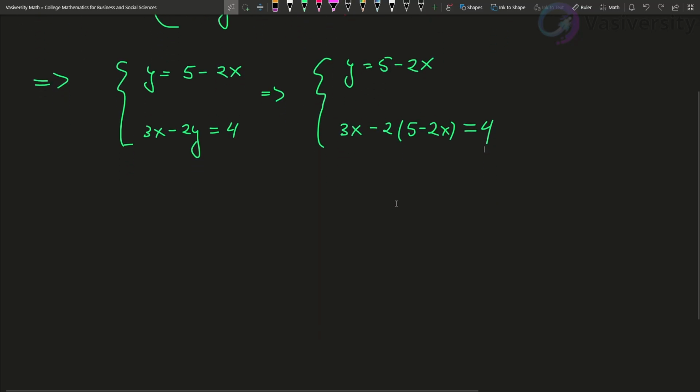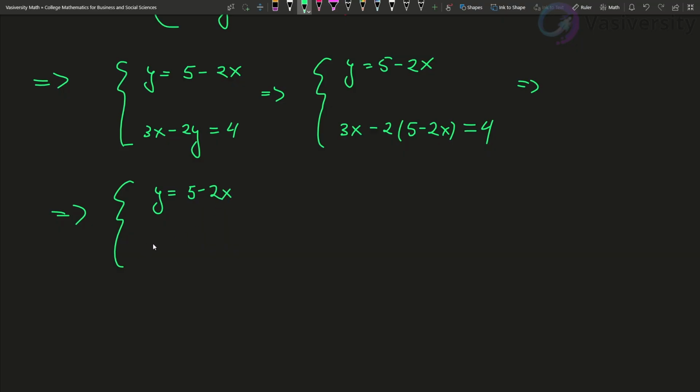Our final solution will have the x value and the y value, which we also call an ordered pair. The first equation still remains y equal to 5 minus 2x. The second equation becomes 3x minus 10 plus 4x is equal to 4. Let's move 10 to the right. So 3x plus 4x, that's 7x, is equal to 14. What is x equal to?